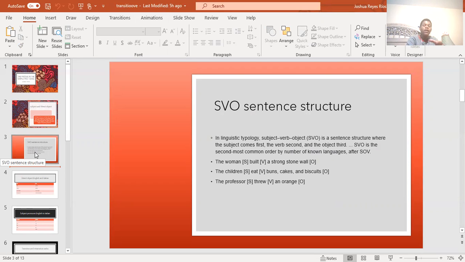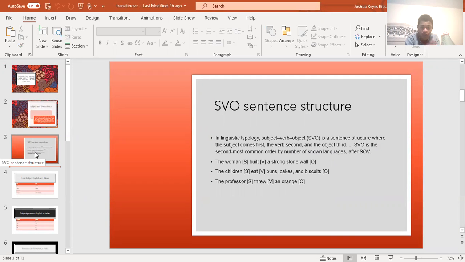The verb is acting on the object. The woman built, she built a strong stone wall. So verbs help the subject do action. The verb does the action to the object.